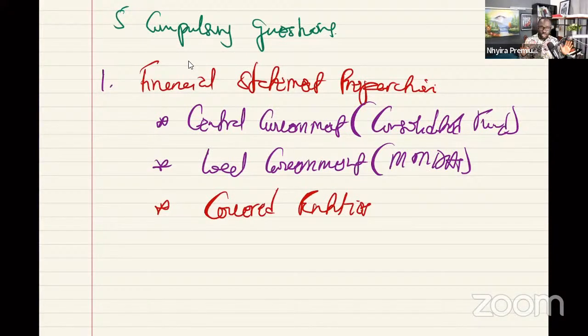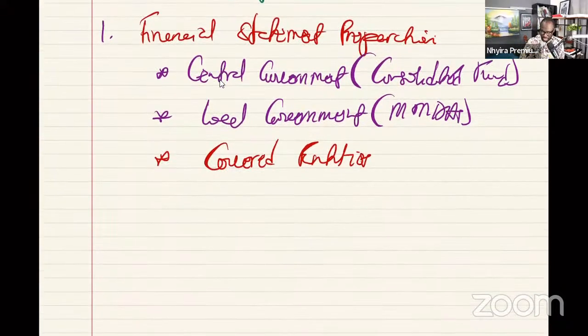We're going to have a 20-mark question done deal waiting for us in the exam hall relating to financial statement preparation. And that can be either on the consolidated fund, that is the central government, or the local assembly, that is a metropolitan, municipal, or district assembly, or any other covered entity, that is any entity whose activities are financed either in whole or in part by the government or from the consolidated fund.